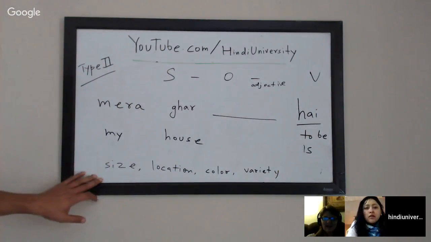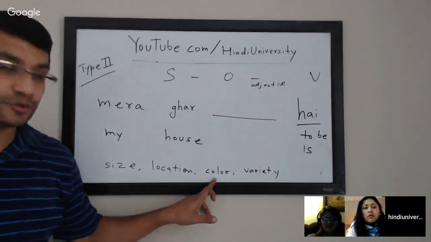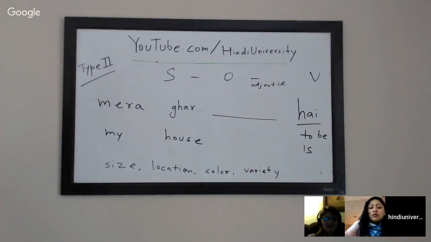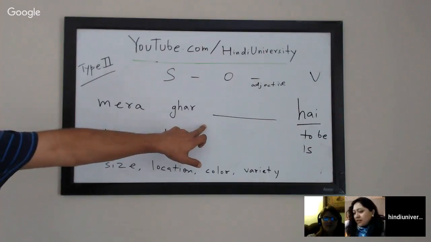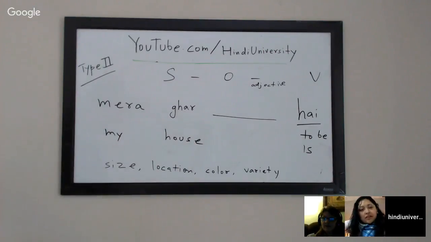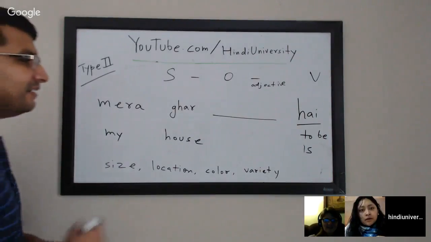मेरा घर नीला है. My house is blue. And for folks who don't know how to say blue in Hindi, yeah, keep going. I was going to say new, naya. नया है. मेरा घर नया है.